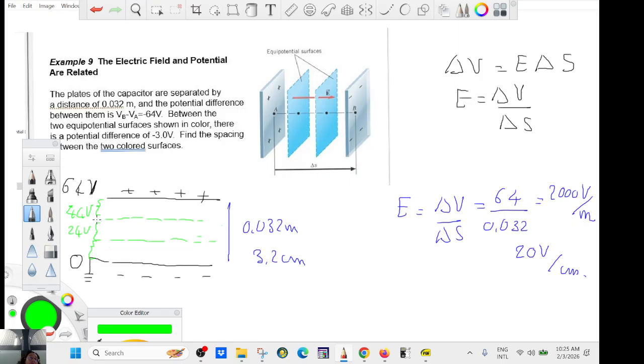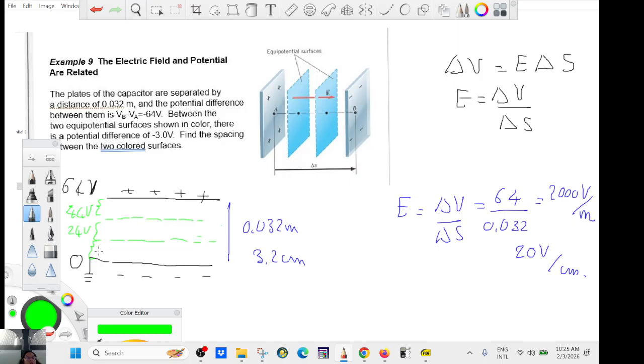So the voltage decreases by 20 volt per centimeter.